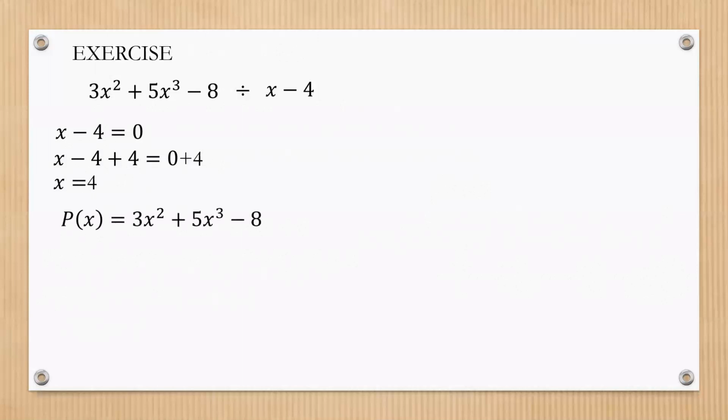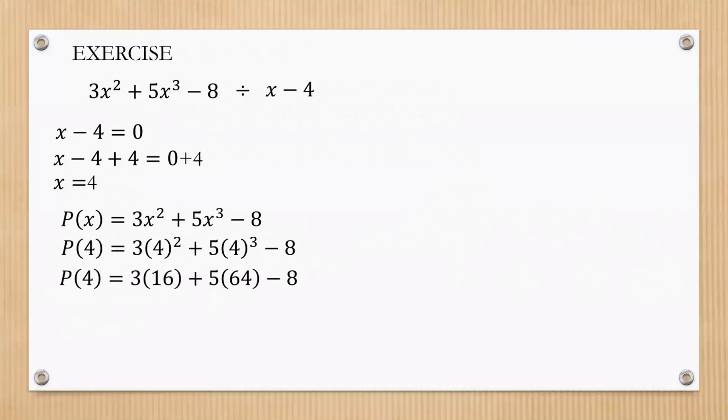So p of x is equal to 3x squared plus 5x minus 8. So it's just the same. 3 times 4 raised to the power of 2, 5 times 4 raised to the power of 3, minus 8. So p of 4: 16, 64. So this is 48 plus 320 minus 8. So our p of 4 is equal to 360.